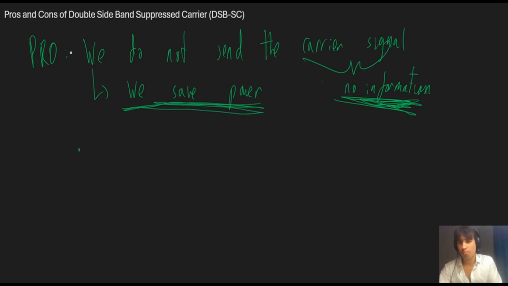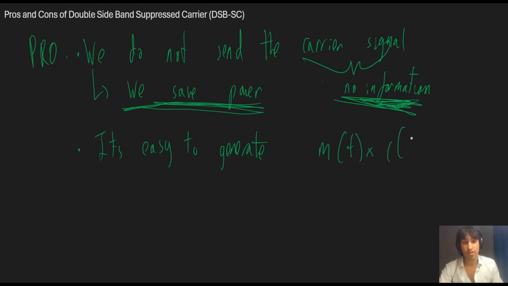Now, another pro of it is that it's easy to generate. Remember, to generate it, all we do is modulating signal multiplied by the carrier signal, and that's it. Simple circuitry, easy to understand, easy to implement, no big problems there.